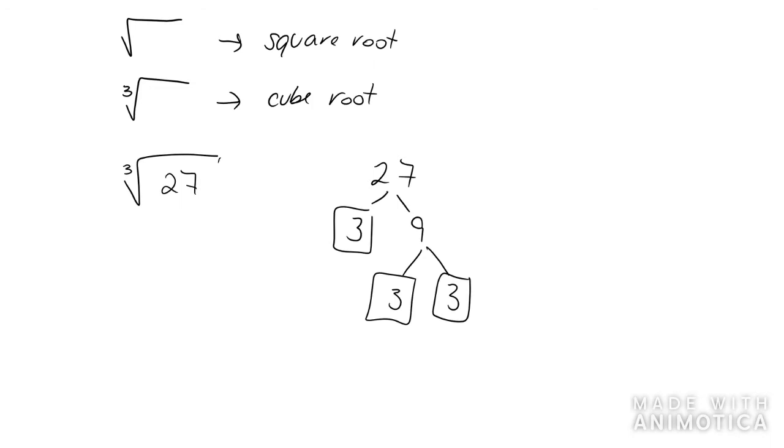When we're looking at a cube root, we have to divide it into 3 equal groups. So in this case, the prime factorization is 27 equals 3 times 3 times 3. Well, this is already in 3 separate equal groups. So this is a perfect cube.